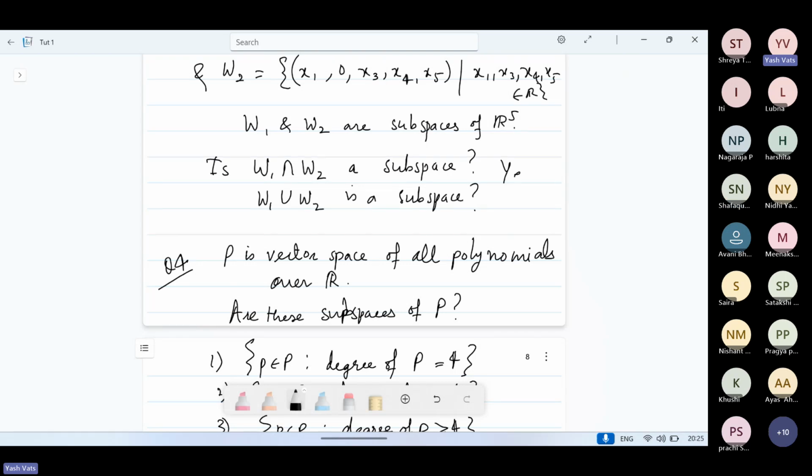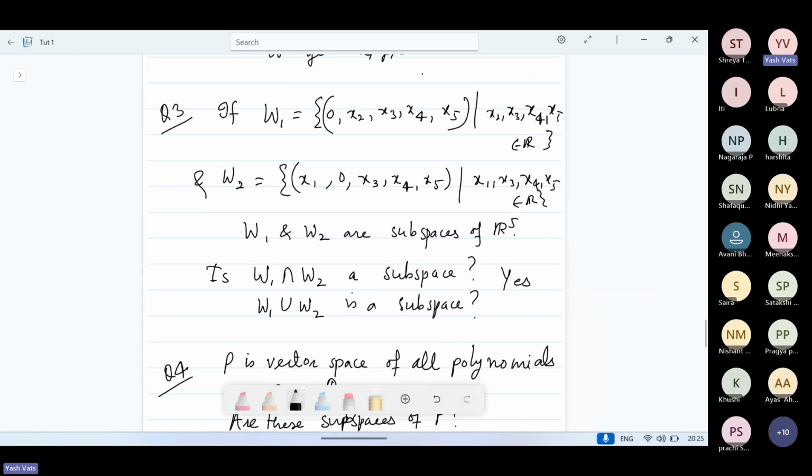So it's always yes. And is W1 union W2 a subspace or not? In this case, we just confine to that. What do elements look like in W1 union W2? Either this type of elements or this type of elements or the sum of both. Is it a subspace? What is W1 union W2 here? Anyone can answer.